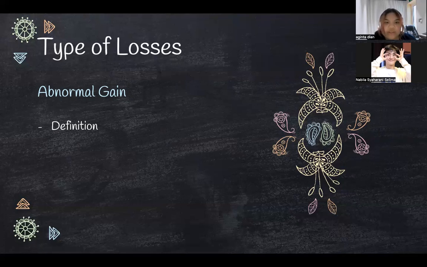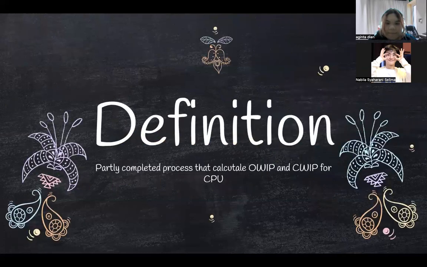Normal losses are determined based on normal conditions, while abnormal losses are caused by abnormal conditions, like carelessness, plant breakdown, and others. Normal losses are included as a part of the cost of goods production, but abnormal losses are not absorbed by good production and do not affect the cost of production. And next will be explained by Nabila.